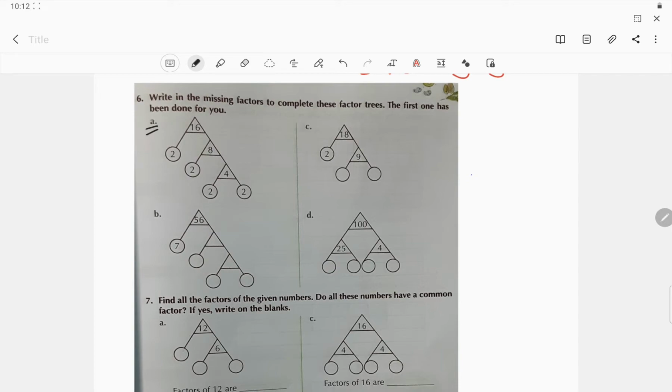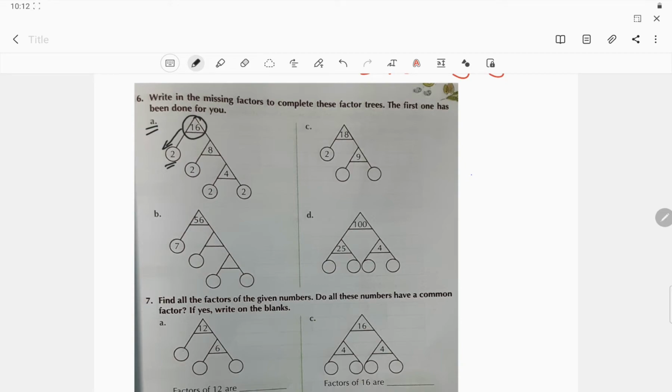In 6 A, how did they solve? Here it is the factor tree. At the top it is given 16, and this is one branch. It is given 2.